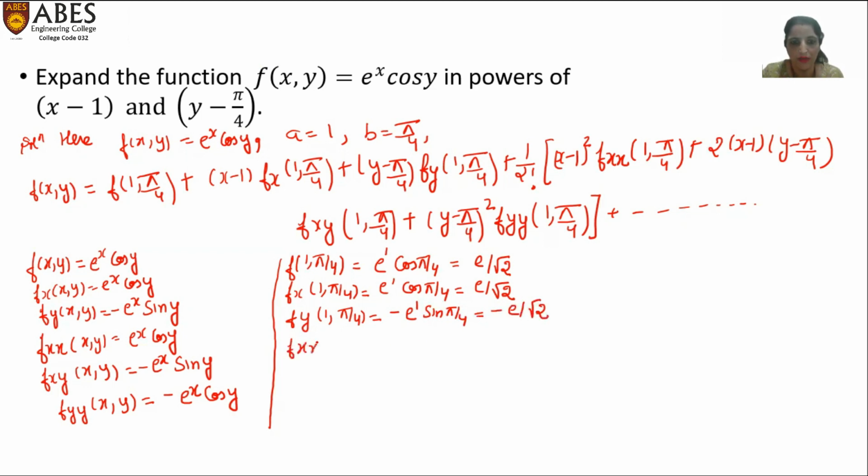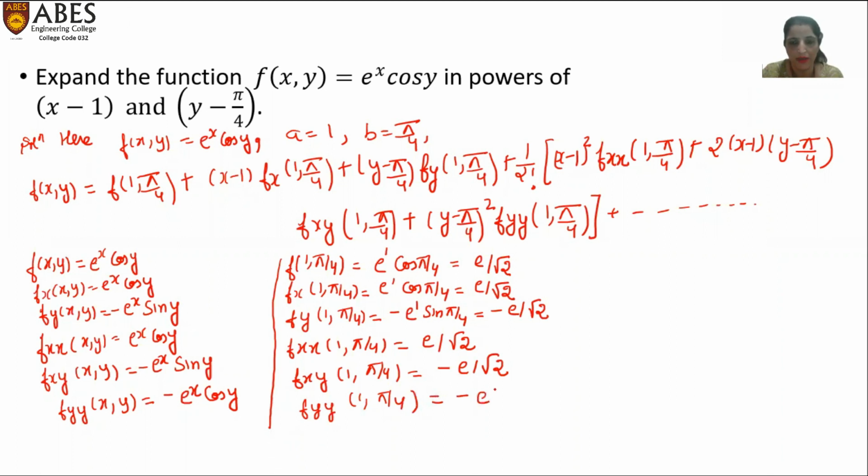The double derivative with respect to x at (1, pi/4) is again e by root 2. The mixed partial at (1, pi/4) is minus e by root 2, and the double derivative with respect to y at this point is minus e by root 2.